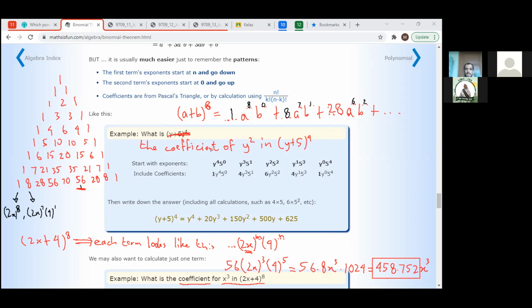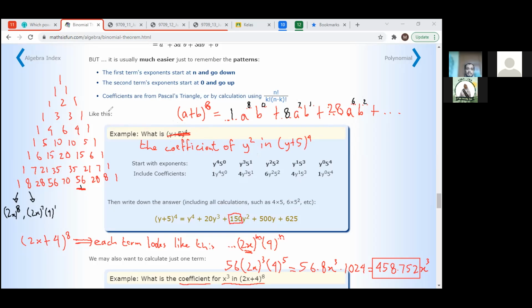Untuk yang masih belum paham, saya pakai soal yang lain. What is the coefficient of y squared in y plus 5 to the power of 4? So we can expand this one. Kalau pangkat 4 mungkin masih gampang ya kita expand-nya. So we can expand this one and we'll get this. And so the coefficient of y squared is 150, right?